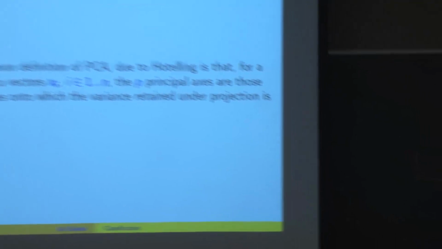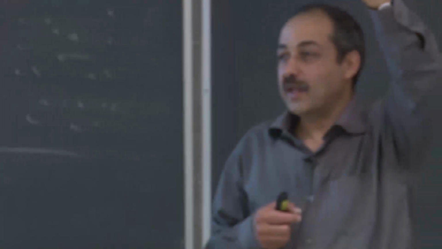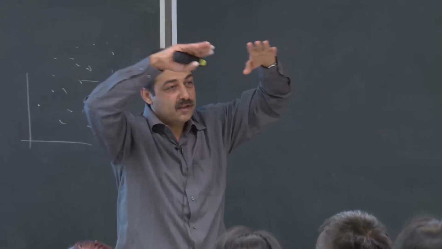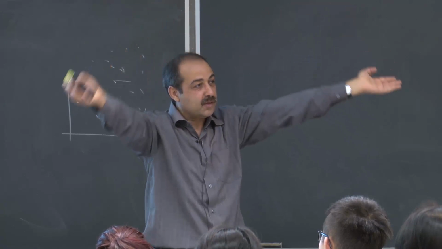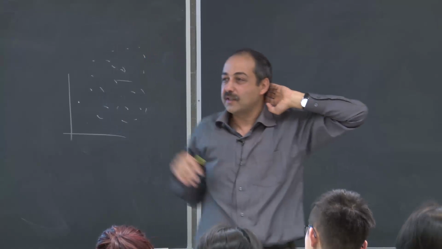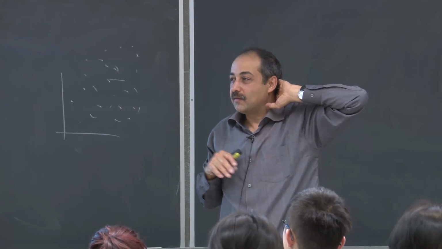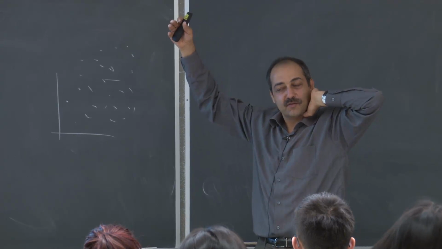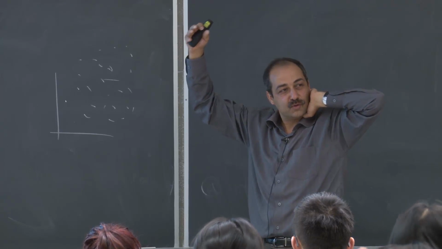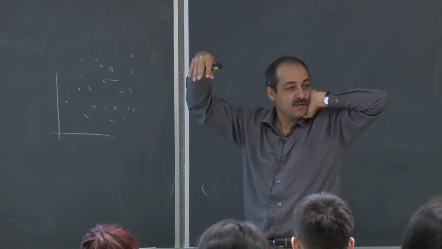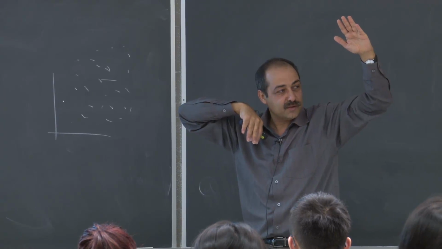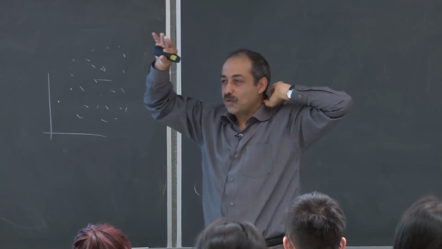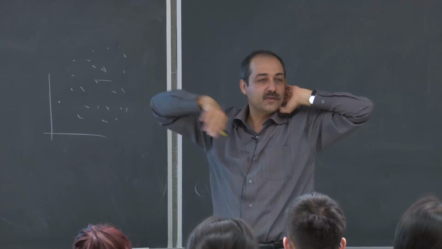And there was an open question: if the data is not linear, if it's not on a subspace but on a submanifold, how can we find that submanifold? Since 100 years ago, we didn't have a good solution for this up to 2000. So the case of linear was clear. The case of nonlinear was not quite clear until 2000.